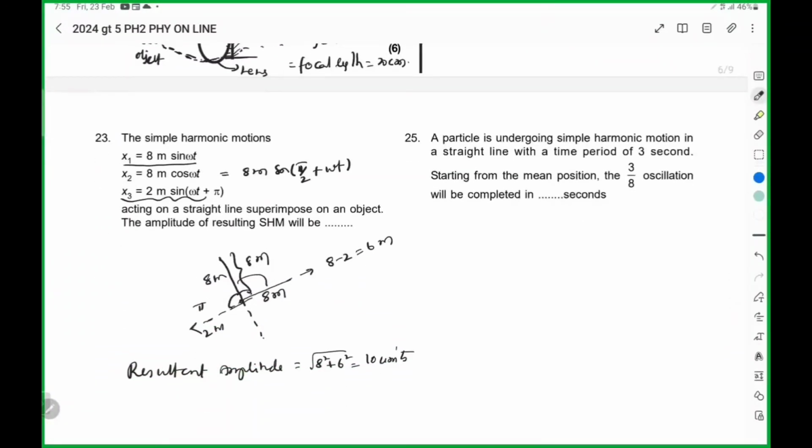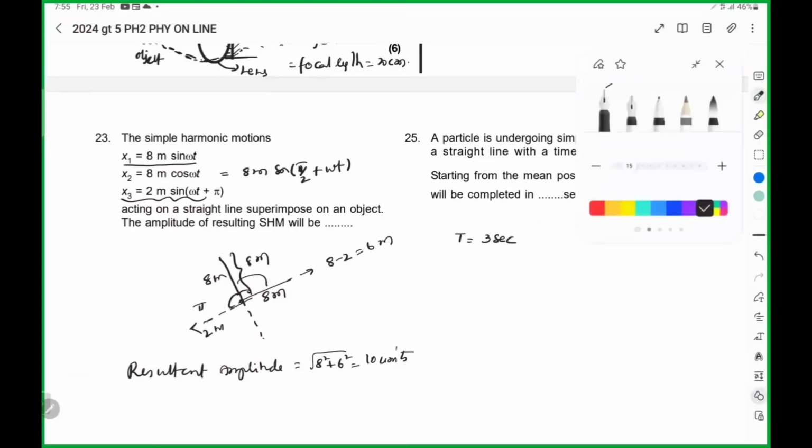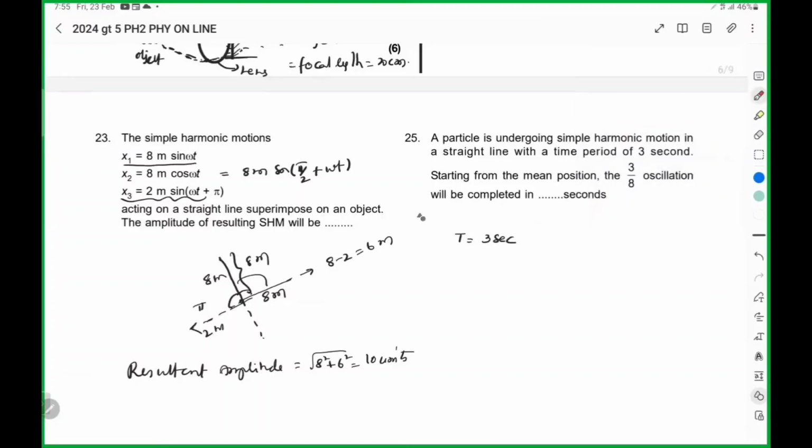A particle undergoing simple harmonic motion in a straight line with a time period 3 seconds. That is for 1/4 oscillation, it takes T by 4 seconds.